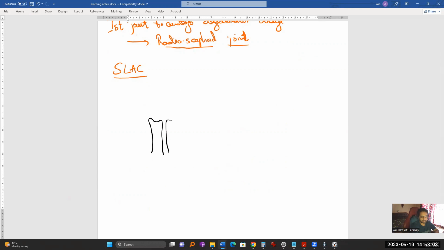This is the ulna, that is the radius, that is the scaphoid, that is the lunate, that is the capitate, and the rest of the carpal bones.